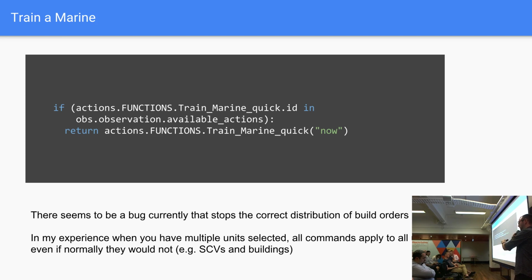And you can actually queue them, and then it will send a different one to the second one and a different one to the third one. When you do it through the API, I haven't really tested in a lot of detail, but sometimes it'll send all of them to build a supply depot at that place, which is not really what I want. So a little bit quirky, to see how that works for you. How I get around that is I just select one at random and then tell it to go and do it, and I select a different one.